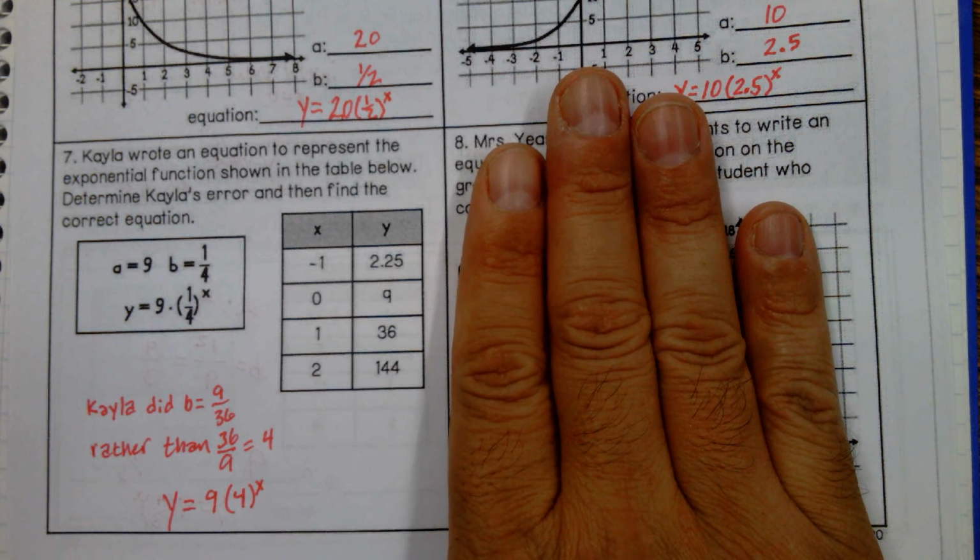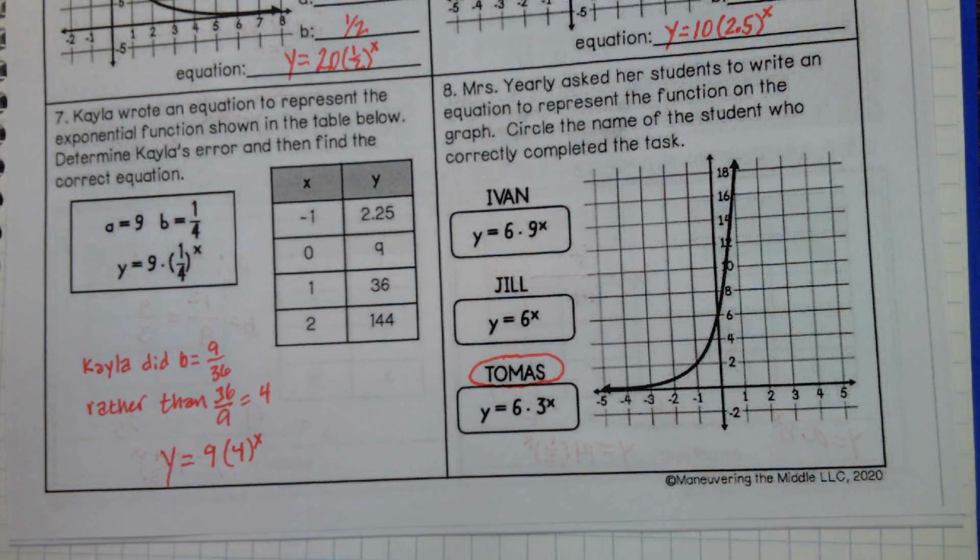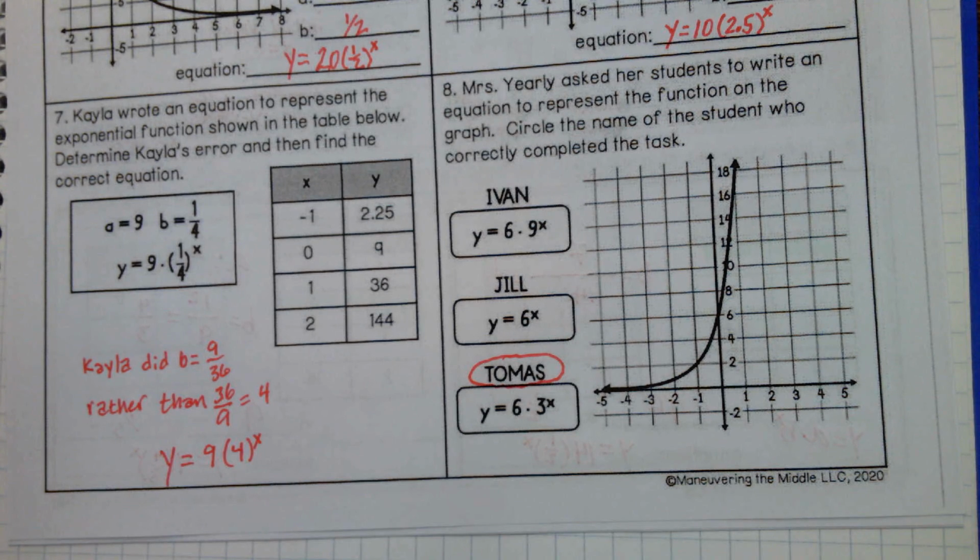Yes, go ahead and tell us. Y equals 6 times 3 to the x. Yeah, Thomas. Oh, yeah, 3. I know what you meant. And it is Thomas. All right, guys. So basically, this is going to be it.